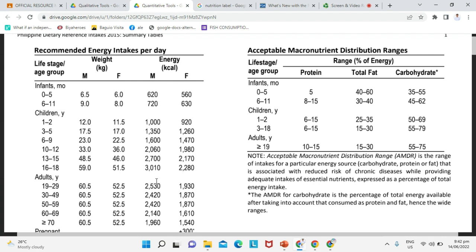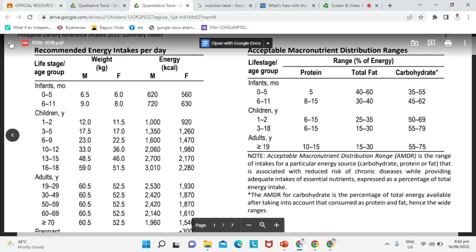There are other methods to estimate how much calories you need per day, but one of the easiest ways is to just refer to the PDRI. Okay, na-specify naman daan kung pila imuhang needs per day, depende sa imo kung aha ka nga age group na belong and kung babae ka or lalaki ka.